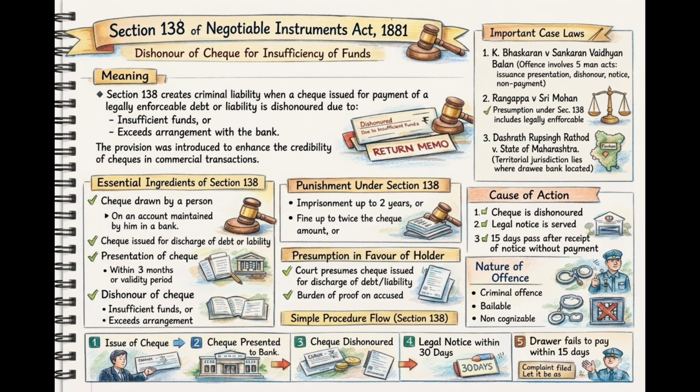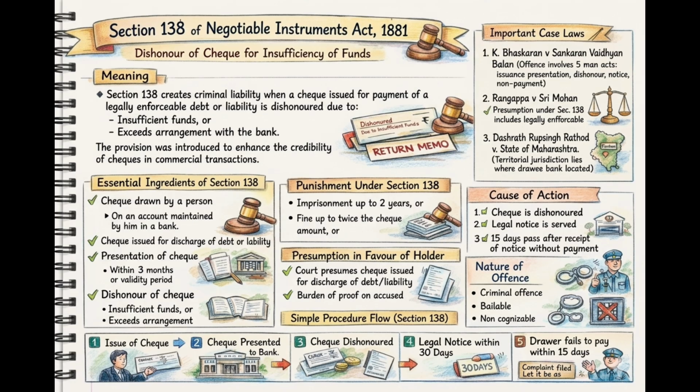Third, the check must be presented to the bank within 3 months from the date on it or within the validity period of the check. Fourth, the bank must return the check unpaid, specifically due to insufficient funds in the account or because it exceeds the arrangement made with the bank.